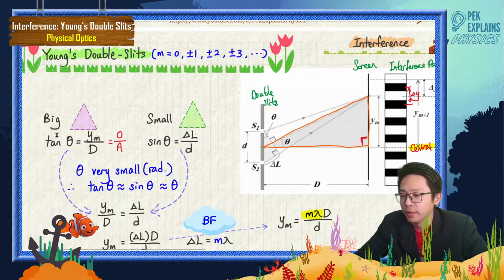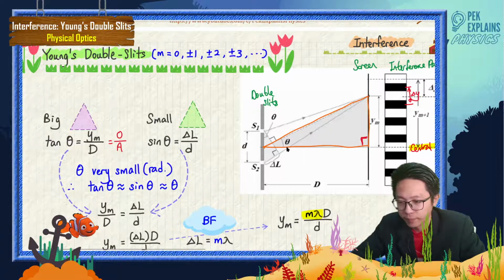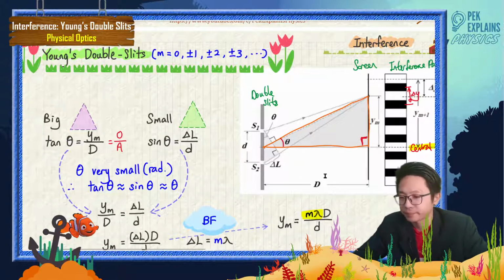So where is the theta? This is the theta over here. So tangent theta is opposite over adjacent. So what is the opposite? Here is the opposite.